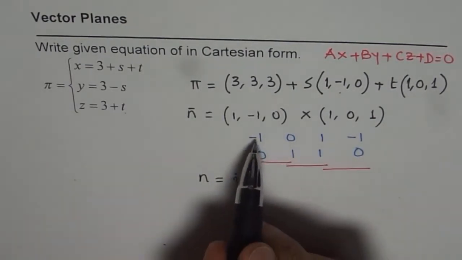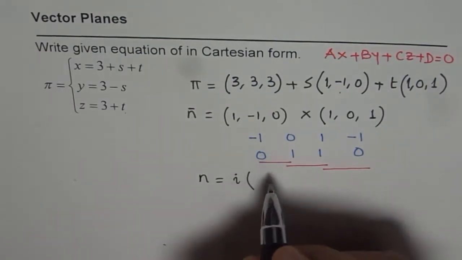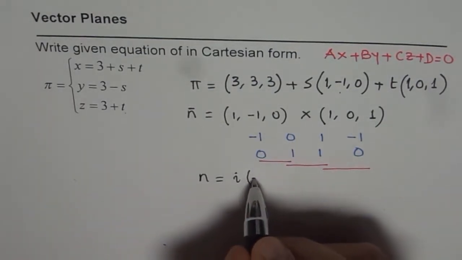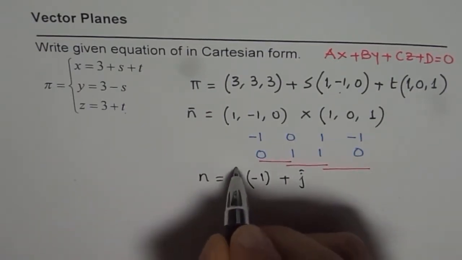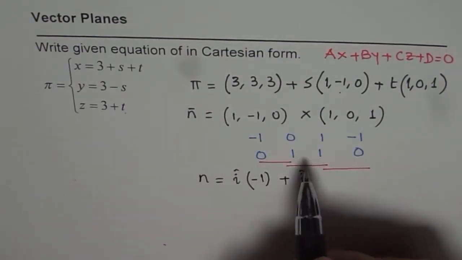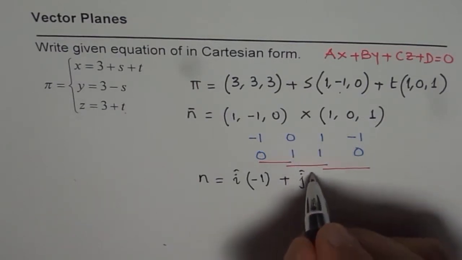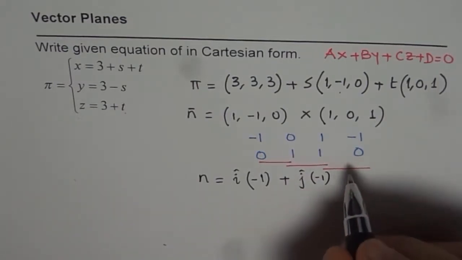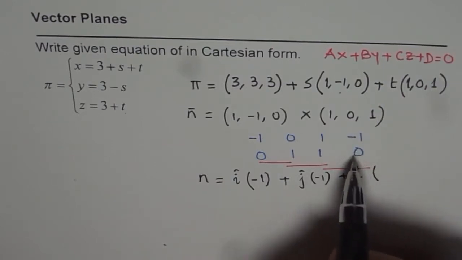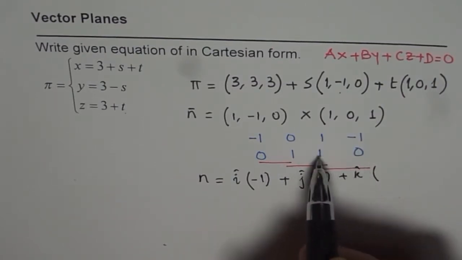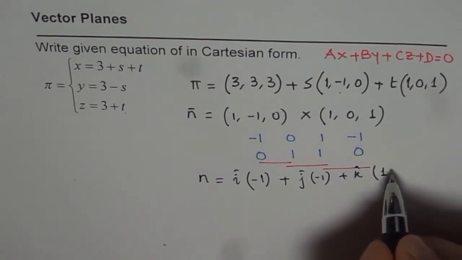So we get the normal equals, the i component is minus 1 times 1 is minus 1, minus 0, so it's just minus 1. Plus the j component, written as unit vectors: 0 minus 1, so that is minus 1. And the unit vector k is 0 minus, so it becomes plus 1, correct?